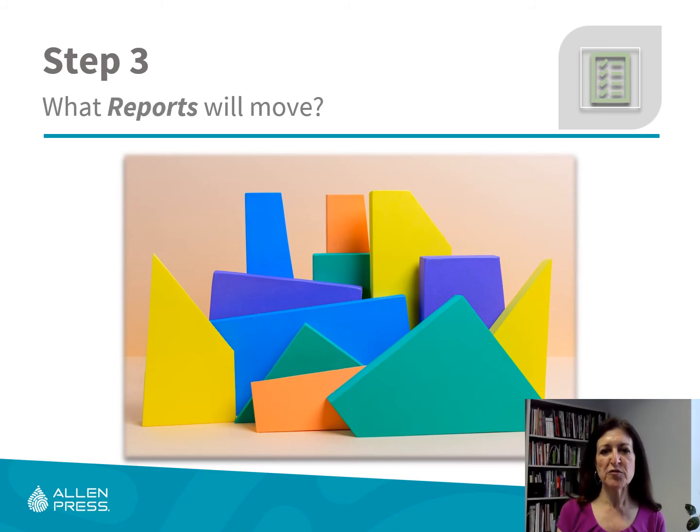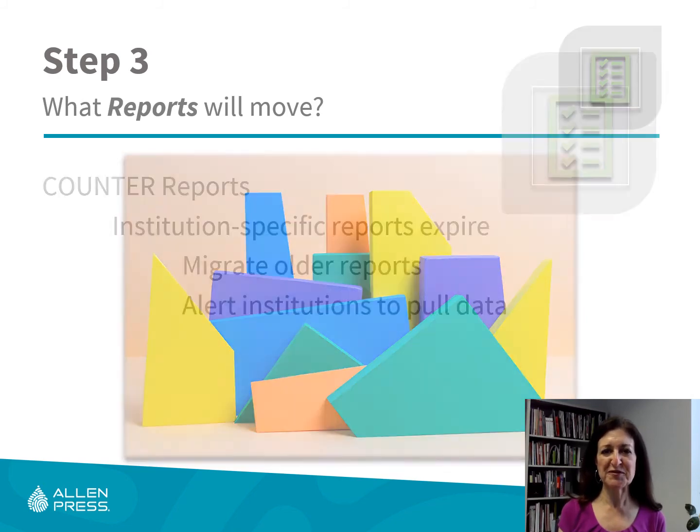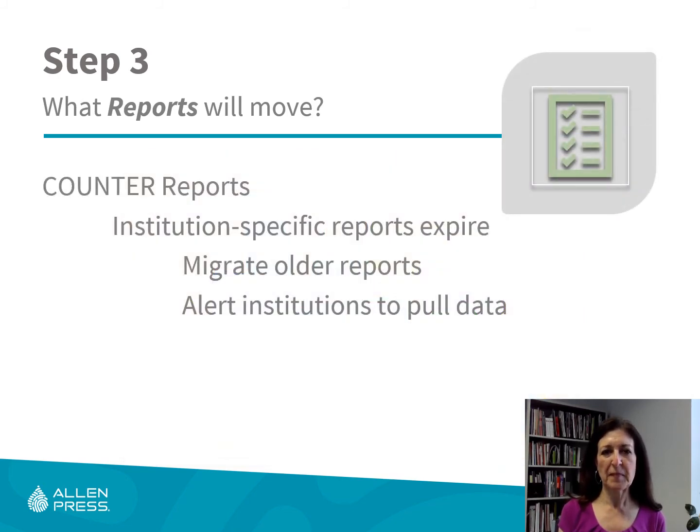So transitioning from one journal platform to another also means a change in the tools that are used to capture journal metrics. So in this step, you determine what reporting you need and what reporting data you're going to move. In most cases, the institution-specific counter reports that we probably all think of immediately when we say journal reporting, all of the ones on the old platform are going to expire.